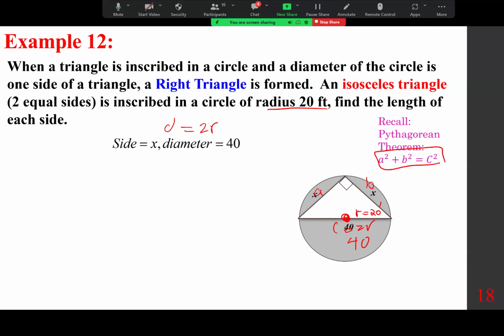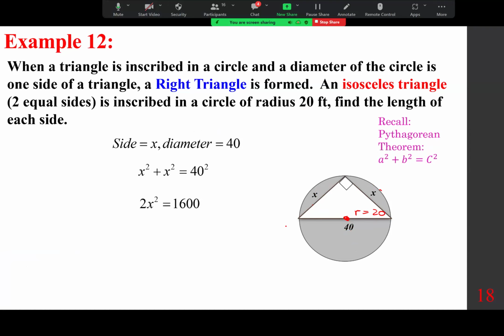So let's actually erase something here. So x, 40, okay? Remember I said this is r equals 20, the whole thing is 40. So x squared and x squared, they add up to 40 squared. That means 2x squared is 1600. That means x squared is 800.